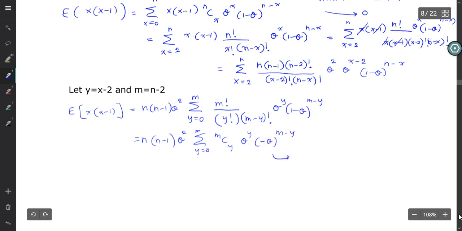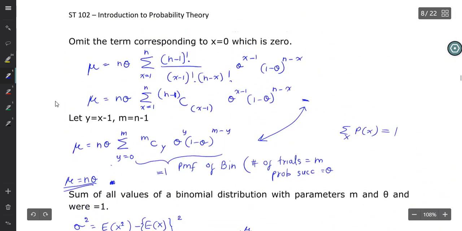So this is the binomial with m number of trials for the variable y. And if you do the summation of all possible y values, this goes to the total probability 1. So your answer is just n times (n minus 1) times theta square. Okay, we are almost there.